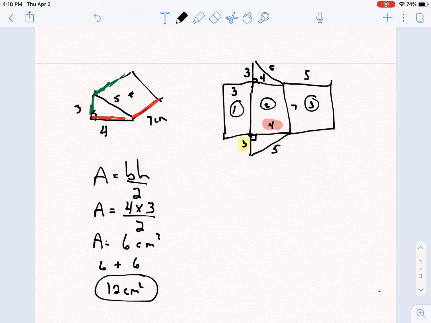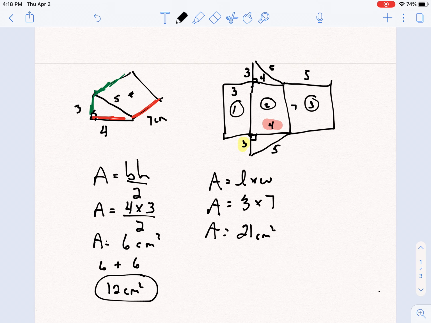So if I look at this, I'm going to look at my number 1 rectangle. Again, we know a rectangle is a length times a width, right? My side lengths. So 3 times the length is 7. 3 times 7, the area for that first rectangle is 21 centimeters squared.